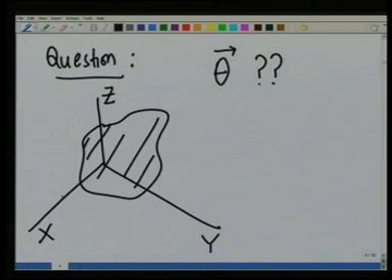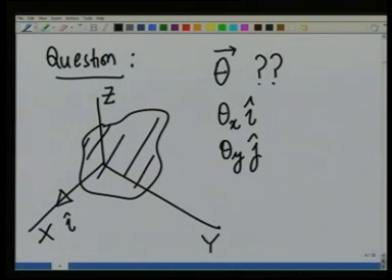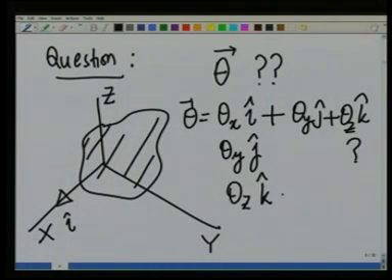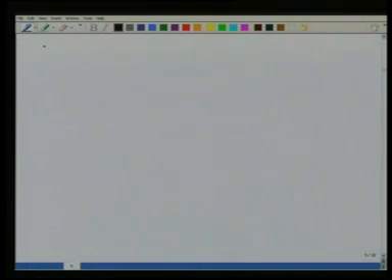I would give the rotation about x a direction along the x axis, rotation about y a direction along the y axis, and rotation about z a direction along the z axis. The question is, do these quantities together, theta x i plus theta y j plus theta z k, constitute a vector quantity? And the answer to this in one word is no.